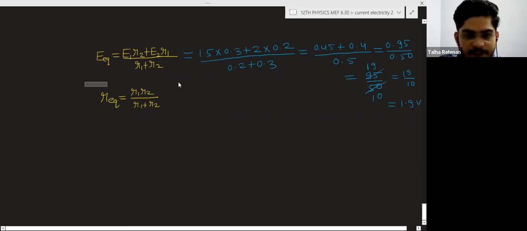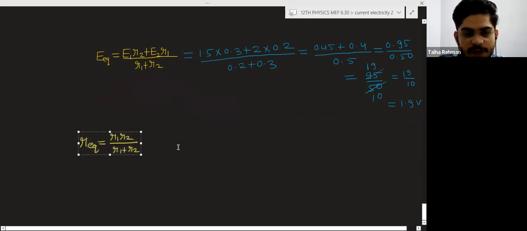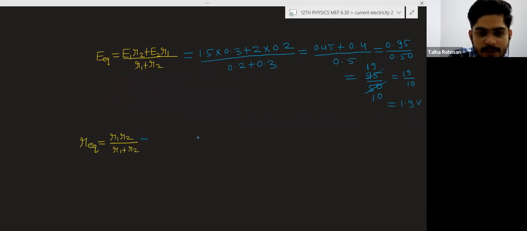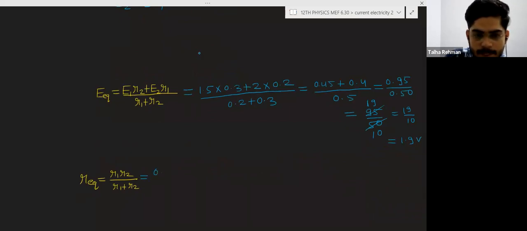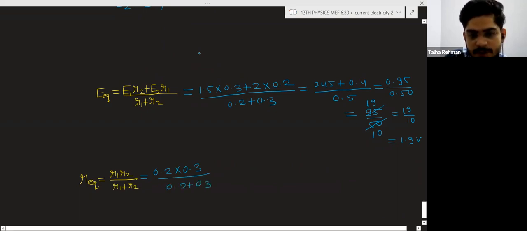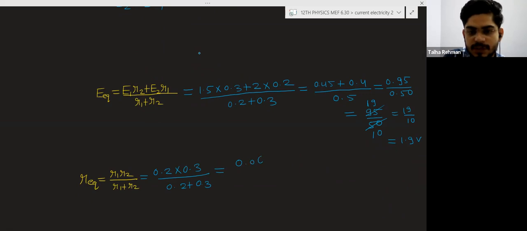And for the equivalent internal resistance, you have to again put the values. What is R1? R1 is 0.2. This is 0.3. And here 0.2 plus 0.3. And when you multiply this, you will get 0.06 here, and you will get 0.5 here.